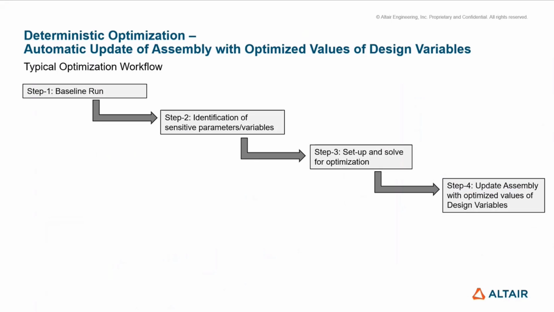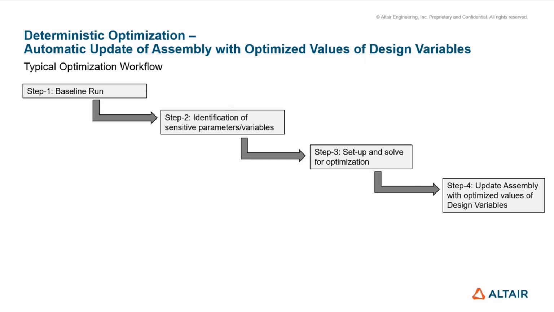Okay, this slide shows a typical optimization workflow in which users will first submit the baseline run and get their baseline NVH responses. The next step is to identify the sensitive parameters or sensitive variables for the problematic responses and problematic frequencies, using diagnostic techniques like sensitivity analysis, TPA or modal contribution.